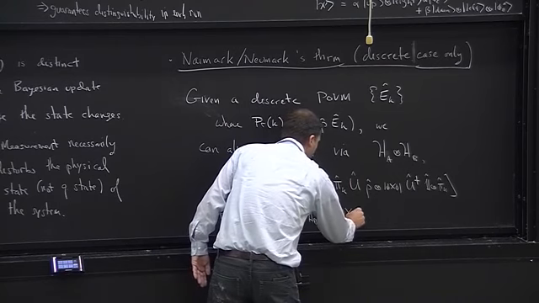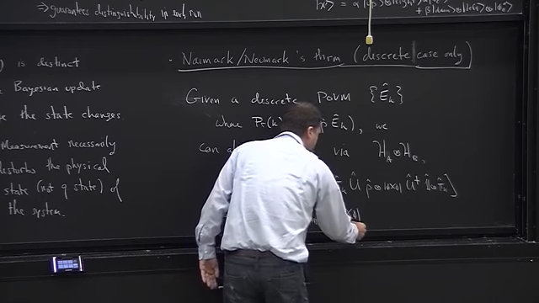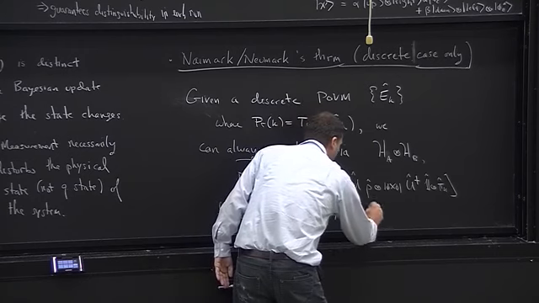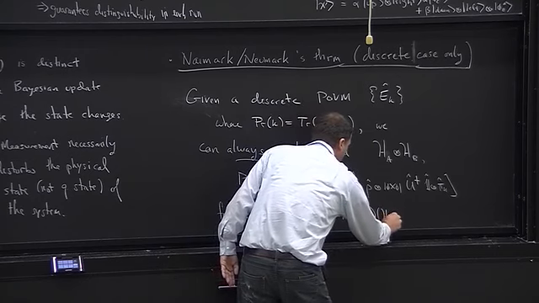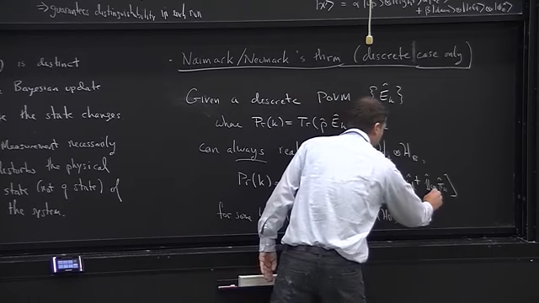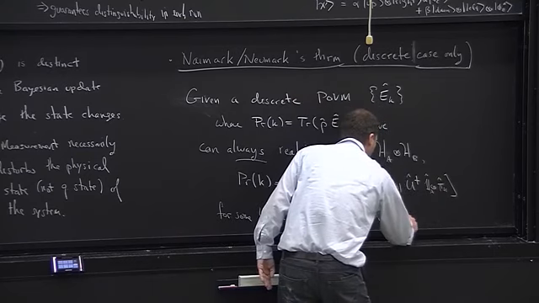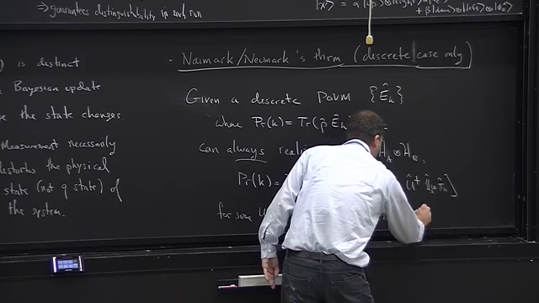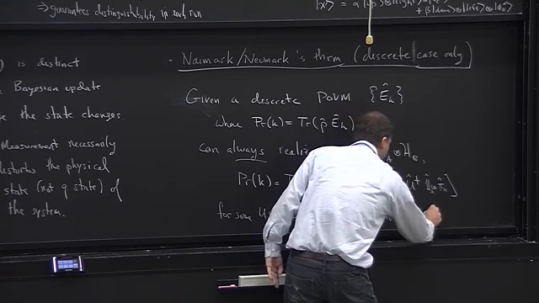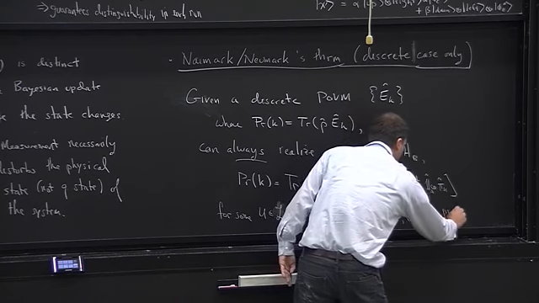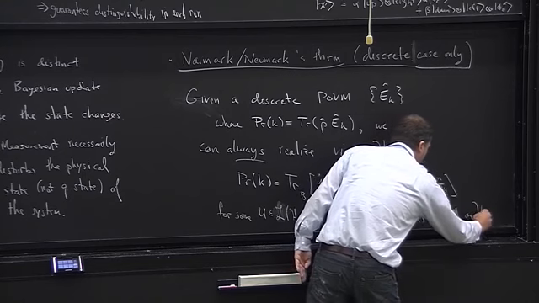Phi is a state, so it's a density operator on H_B. And here pi_k is a PVM on H_B.